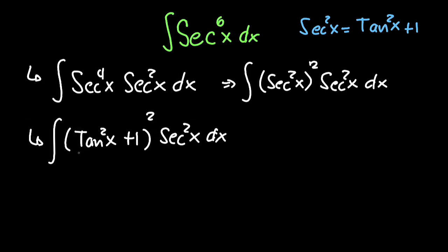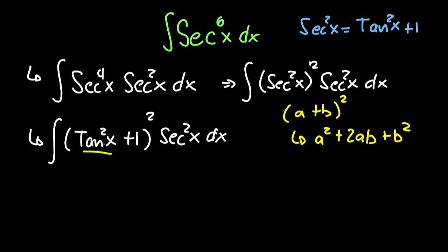Next step is to expand this expression. The general formula for this is (a plus b) squared equals a squared plus 2ab plus b squared, wherein a represents tangent squared x and b represents 1.